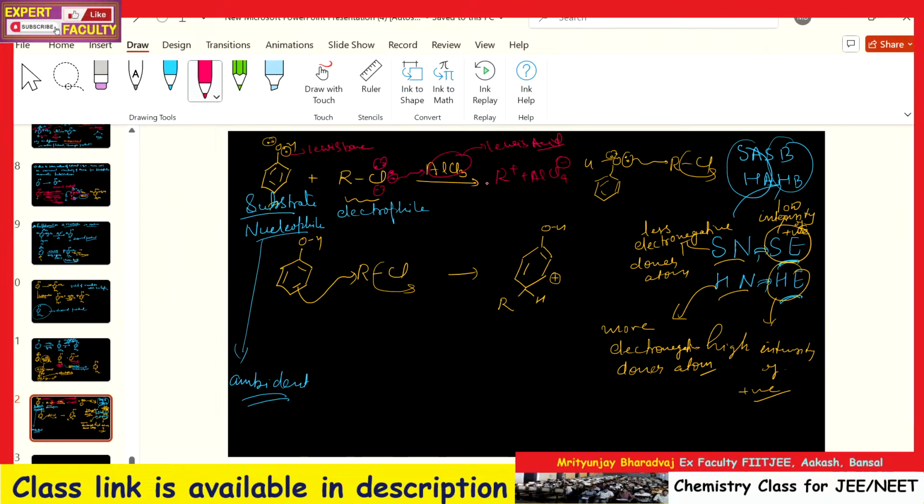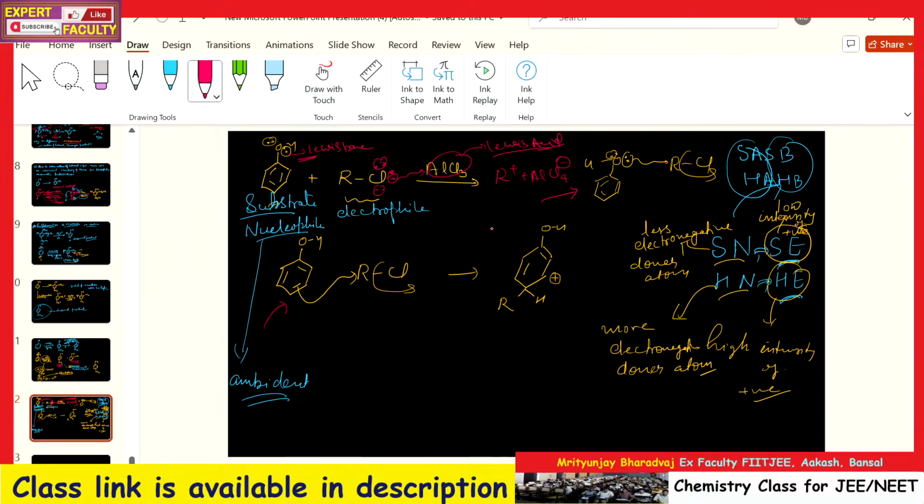But this time we have another donor atom, oxygen. So if oxygen is the donor atom, in place of chlorine, this Lewis acid will react with this phenol oxygen. So a student may go to the path that you have told me, another student may go to the path that I have proposed.